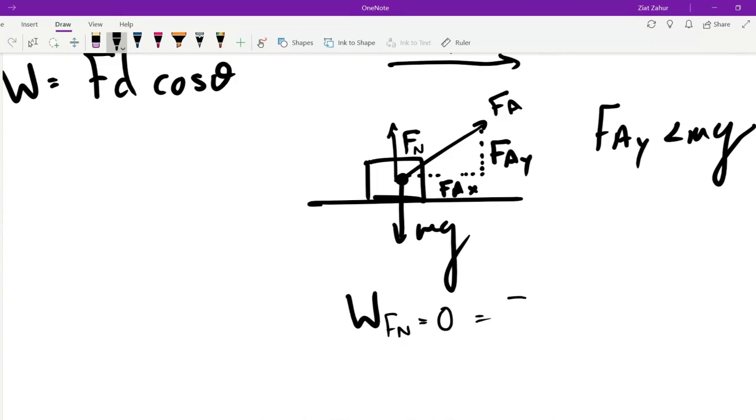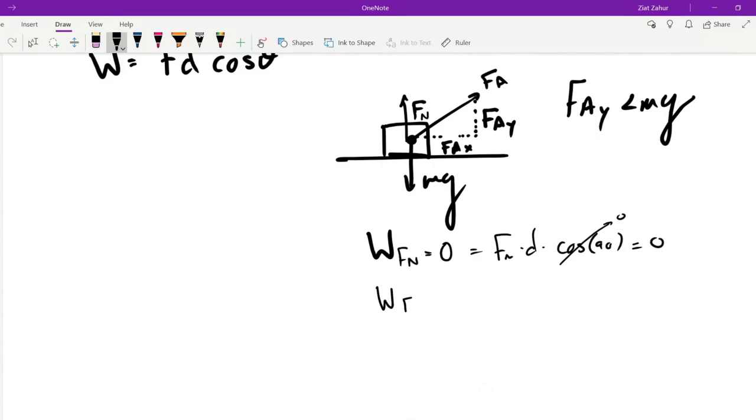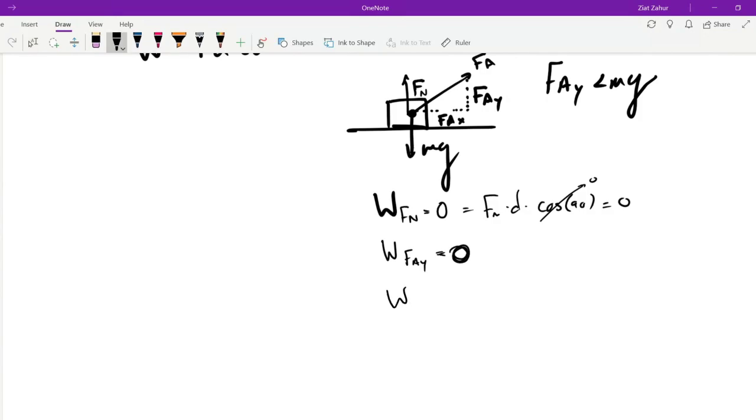That's because it would be the normal force times d times cosine of 90 degrees, and that gives you 0. Similarly, the work done by the y component of your applied force is also 0. The work done by the x component of the applied force would be Fa, whatever you're pulling at.